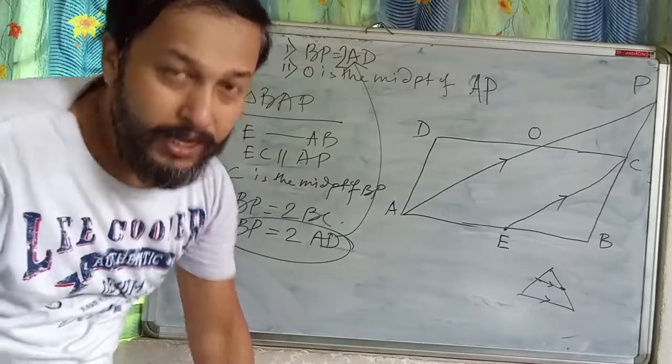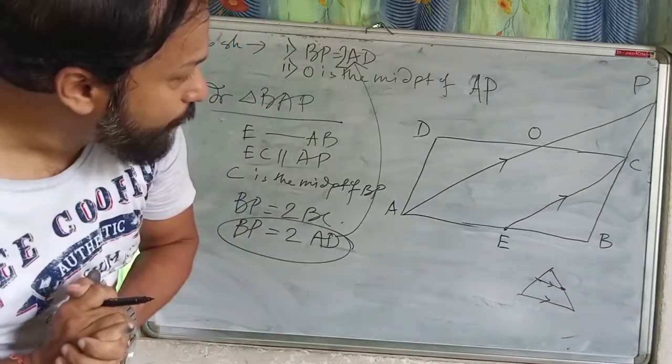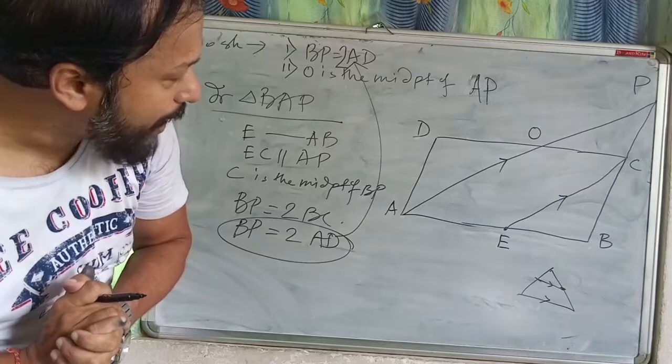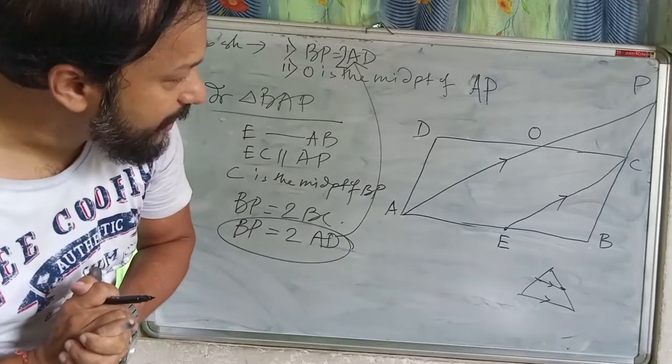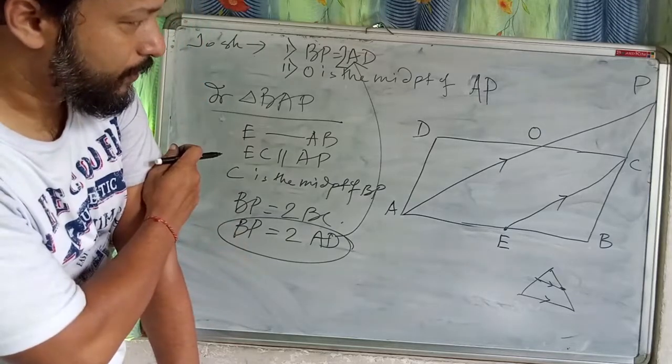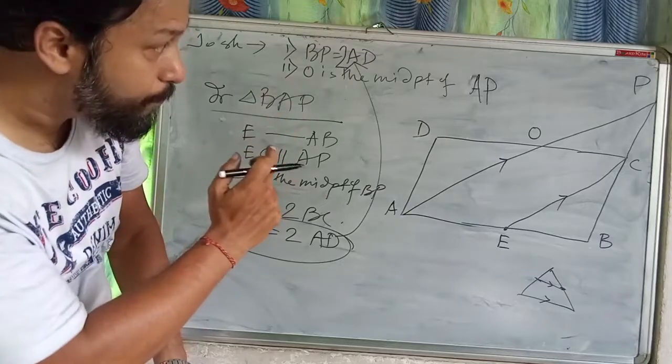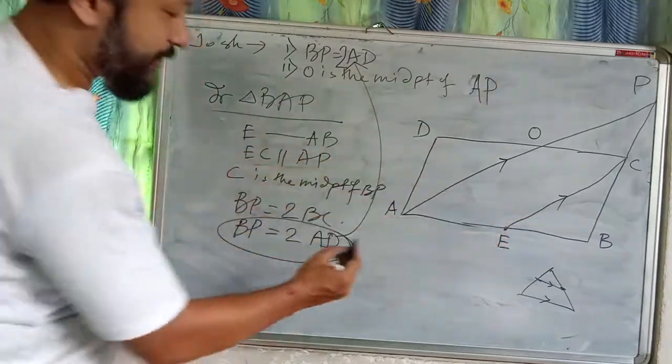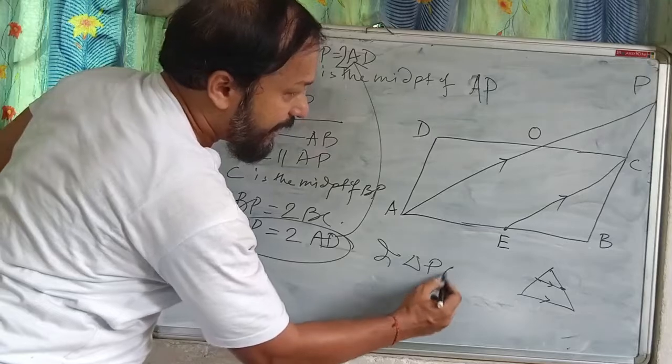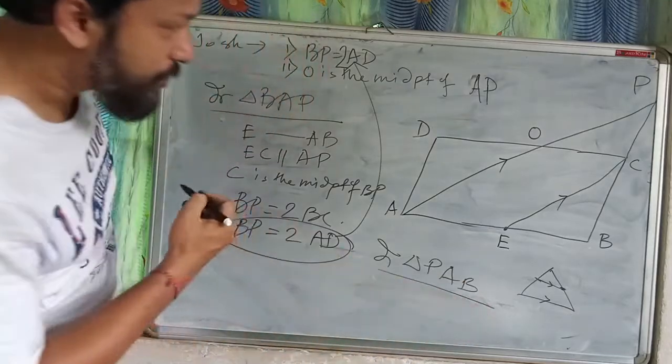Got it? Now again we have to consider a triangle. We'll consider triangle PAB. Try to understand this.